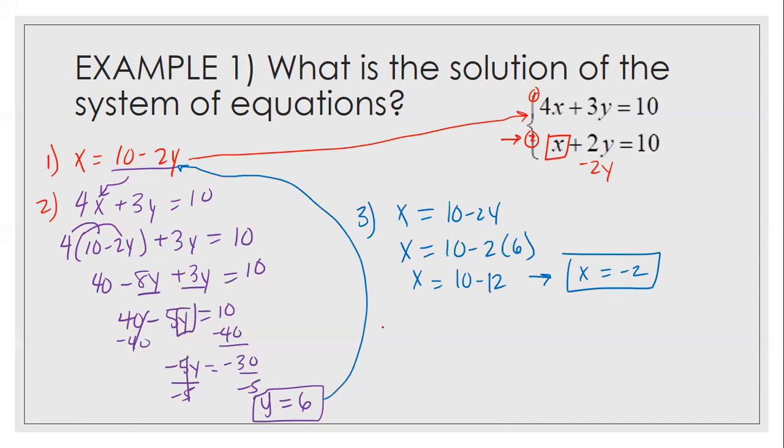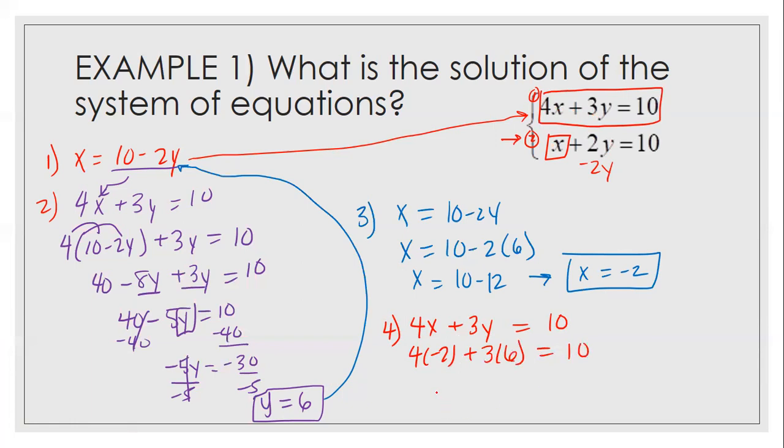And then step 4 is to check our answer using the one that we didn't touch. So we didn't change 4x plus 3y. So we're going to use 4x plus 3y equals 10. And we're going to plug in the variables that we have, negative 2 and 6. So 4 times negative 2 plus 3 times 6 equals 10 is our goal.